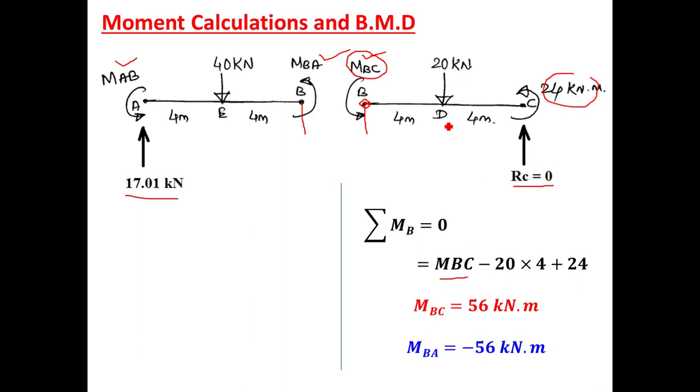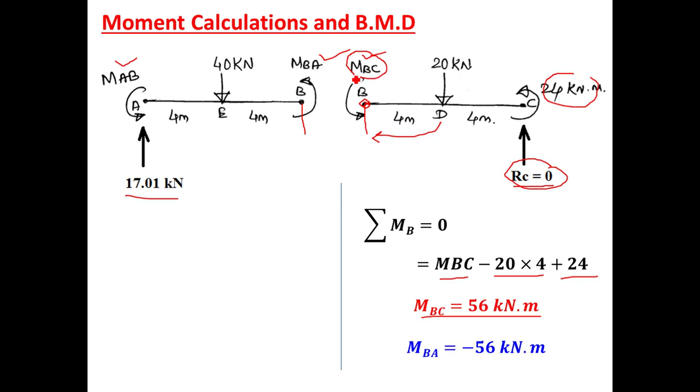Then moment of 20 into 4 is clockwise, so minus. There is no reaction, so that moment is 0. Now this moment is anti-clockwise 24, so plus 24. If you solve this, you will get MBC equal to 56 kilonewton meter. The answer is positive, which means our assumed anti-clockwise direction is correct. No need to change the direction.